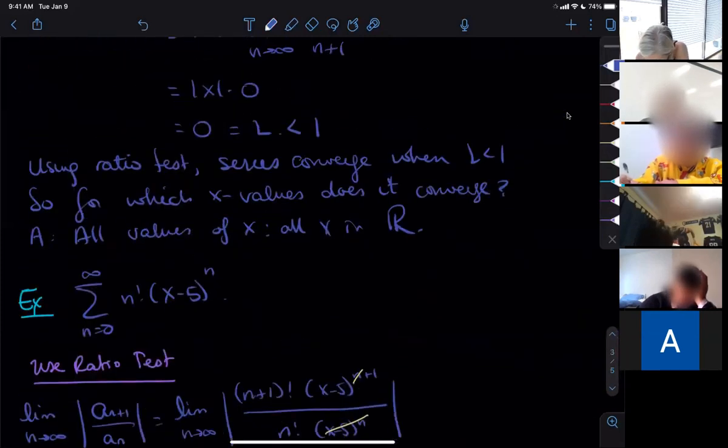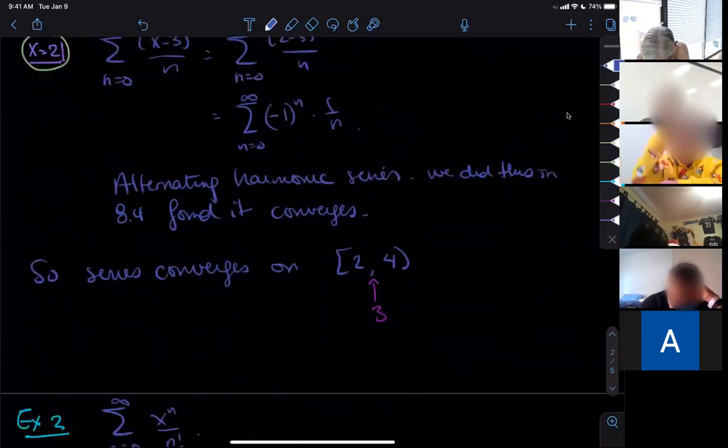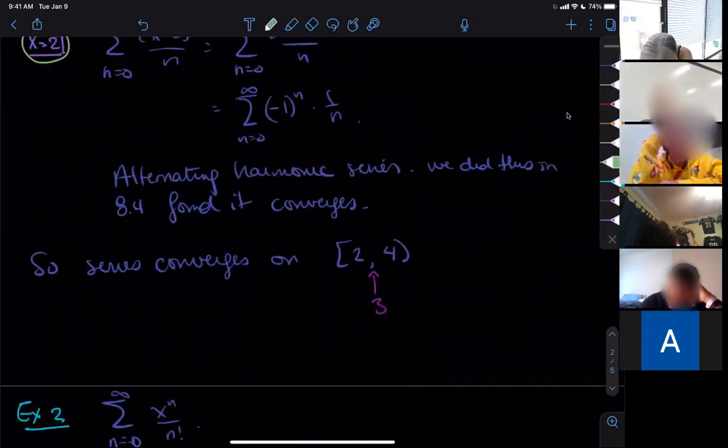Okay, so right here, this was the interval of convergence. Closed interval on this side, open interval on this side. It's the interval of values on which it converged.